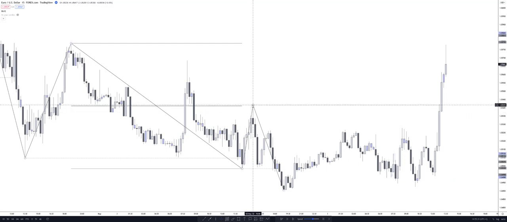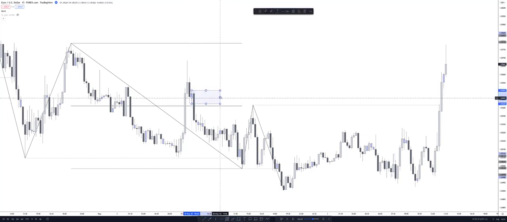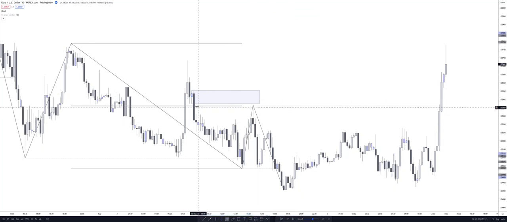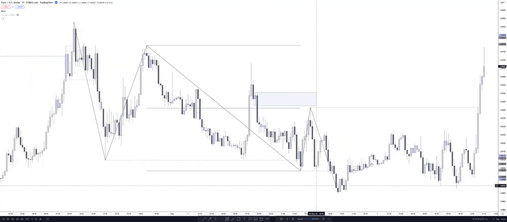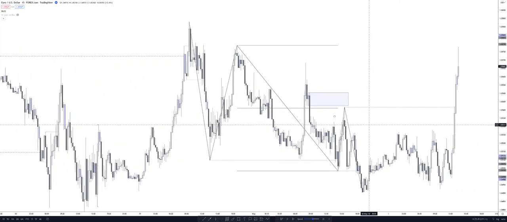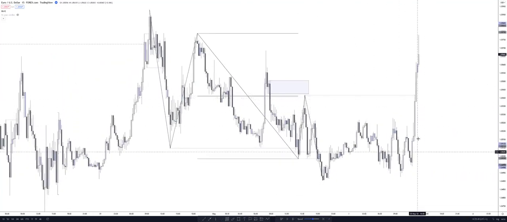And we can see that it's just missed this zone over here, which means it didn't tap into it, just tapped into some imbalance over here, and then continued to break structure.